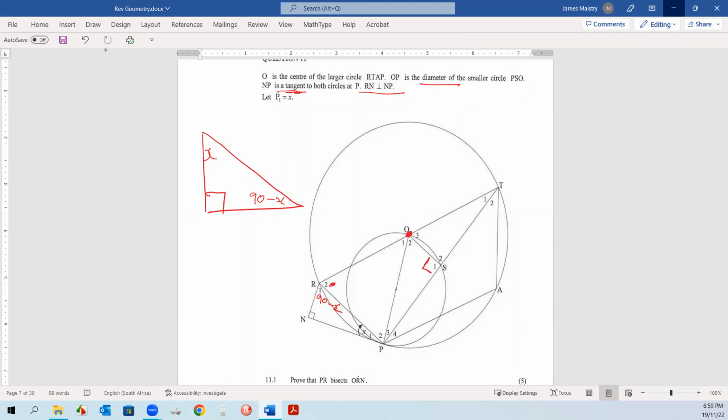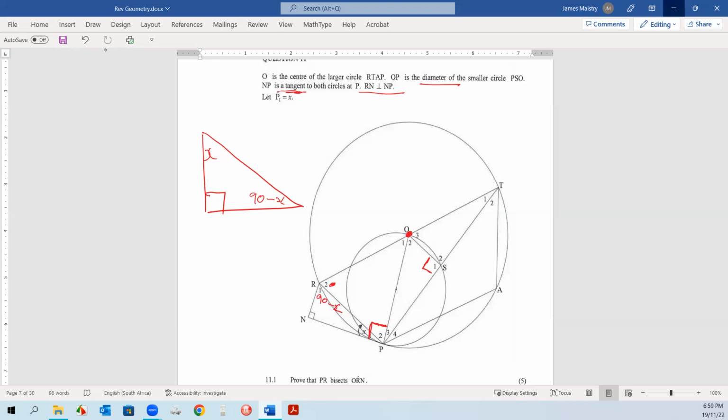It's telling me that P2. Now let's quickly verify that. You see, they told us that OP is a diameter. Remember, I told you in the beginning that the diameter radius is perpendicular to a tangent. So there he's got his 90 there. Is that what you're telling me, young man? Yes, sir.